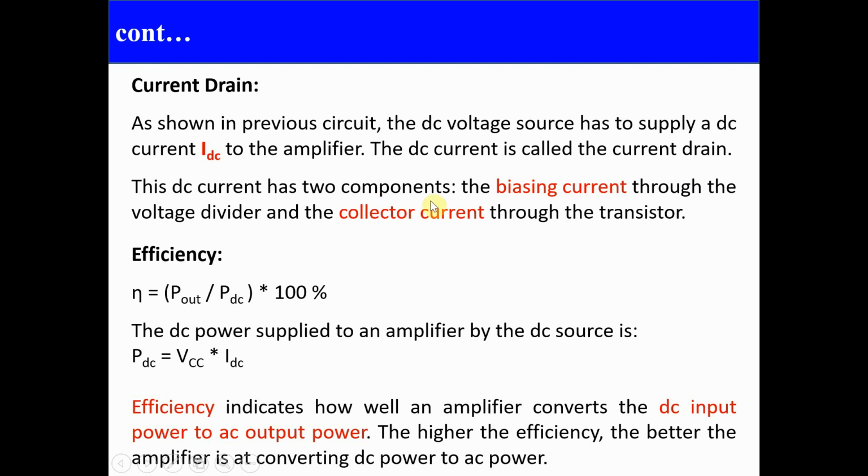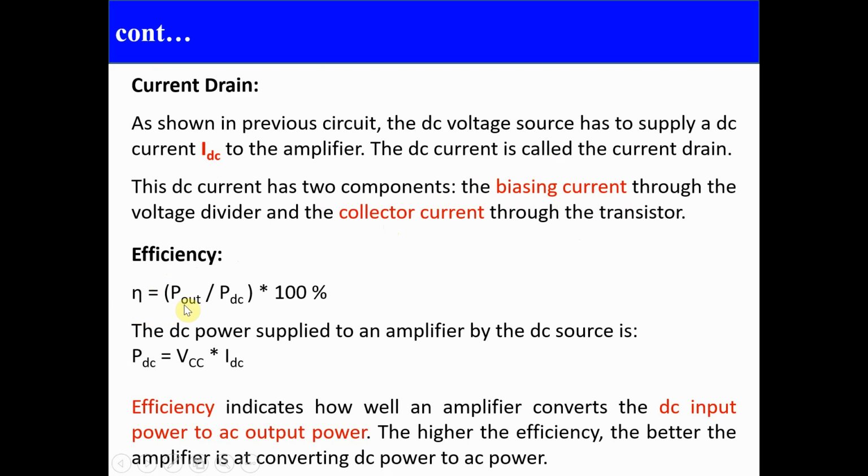This current drain has two components: the biasing current through the voltage divider and the collector current through the transistor. It means IDC is equal to the current flowing through R1 and R2 plus the collector current IC. Now the next important parameter is efficiency, eta.